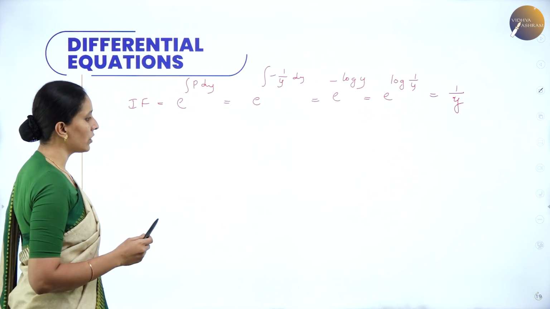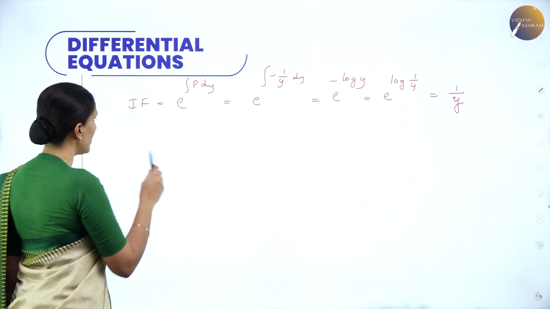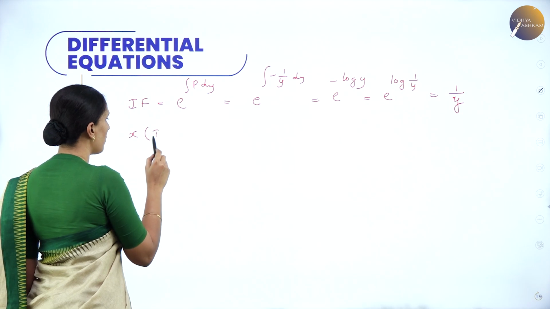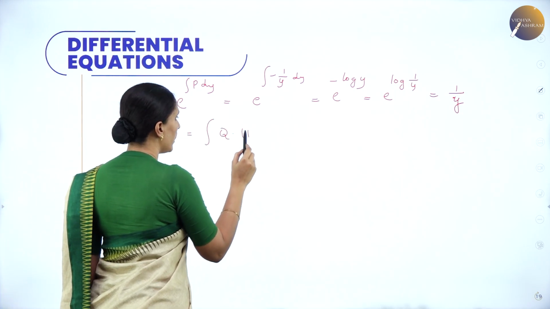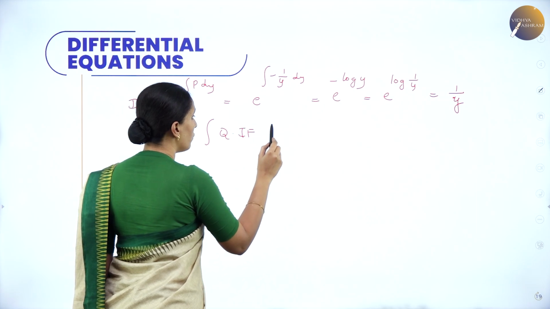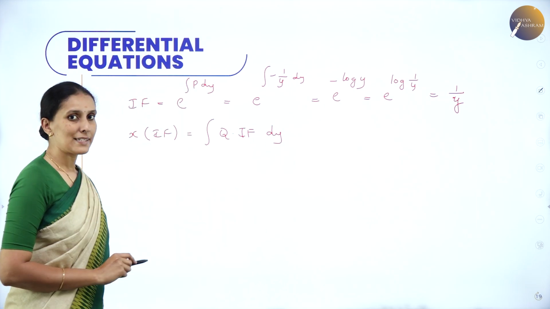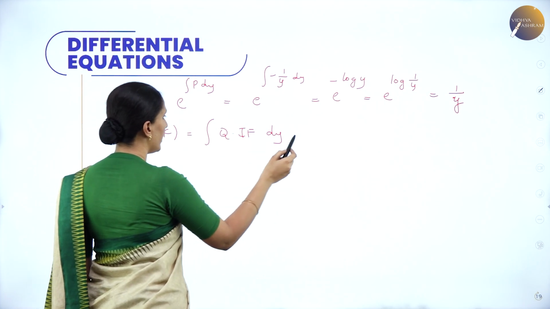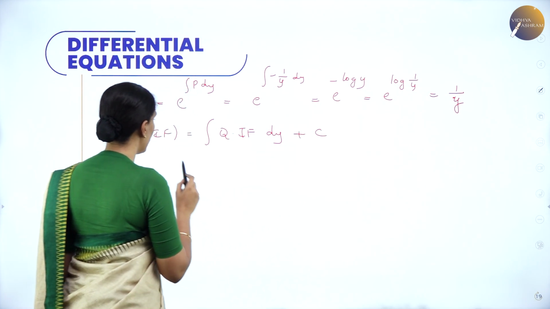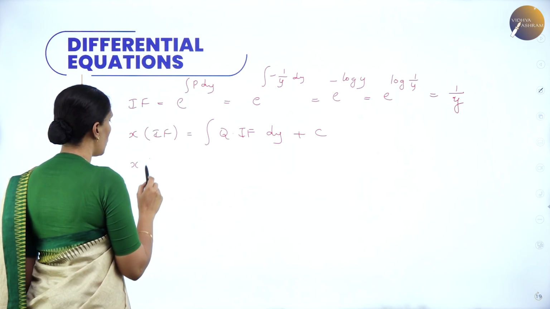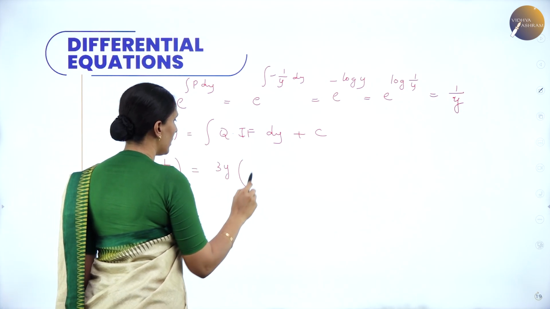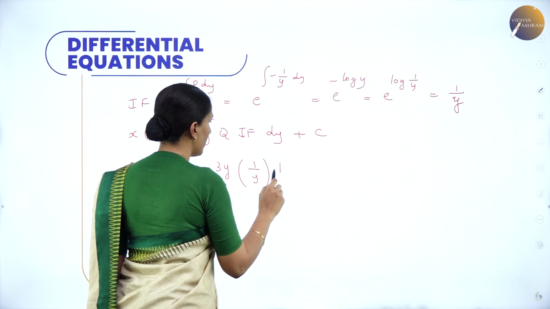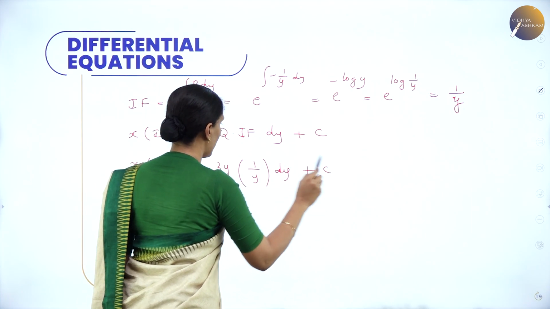Now the solution for this differential equation is x into integration factor equals integral of q into integration factor with respect to dy plus c. So x into 1 by y, q is 3y, integration factor is 1 by y, dy plus c.